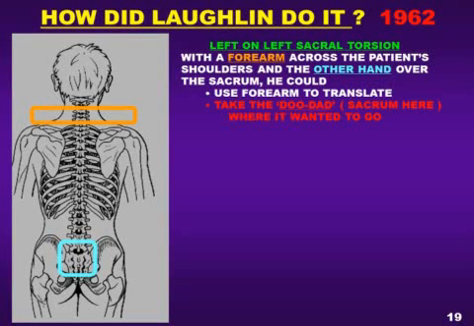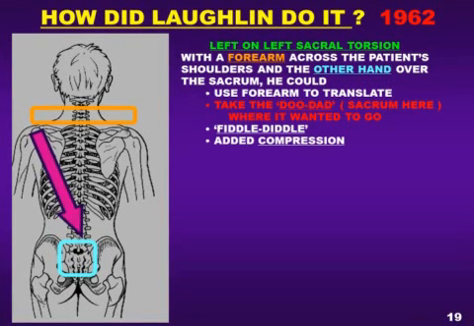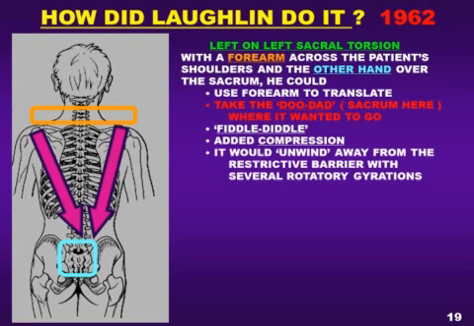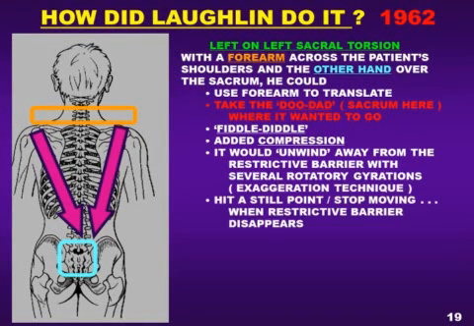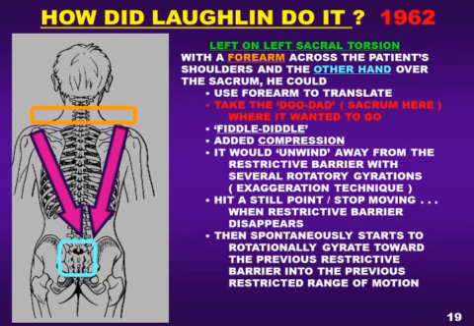And then what he would say is take the doodad where it wants to go. Then he would say fiddle and diddle it. Add compression, and the compression could be added either from the elbow or from the hand. And the body would then start to unwind away from the restrictive barrier to the left, hit a still point. Then it would come around and come through, and George would say, I'm done.